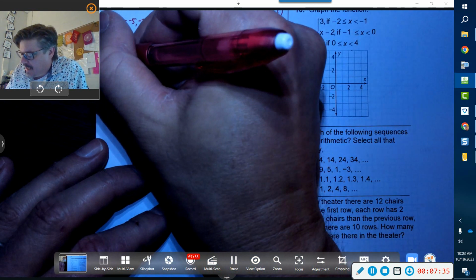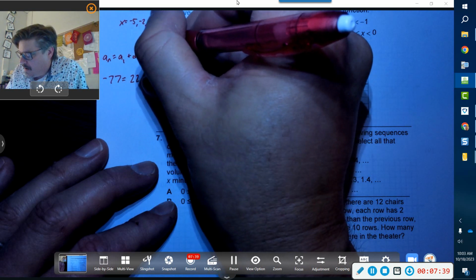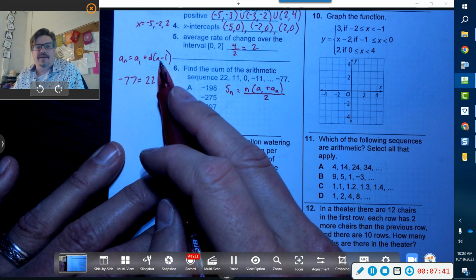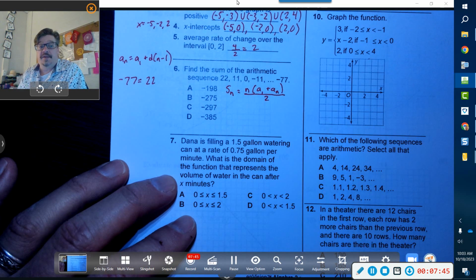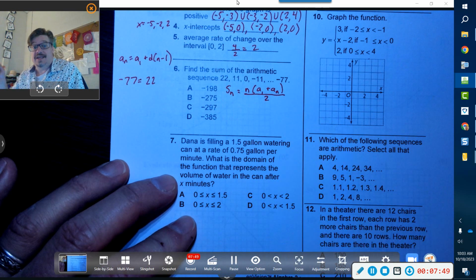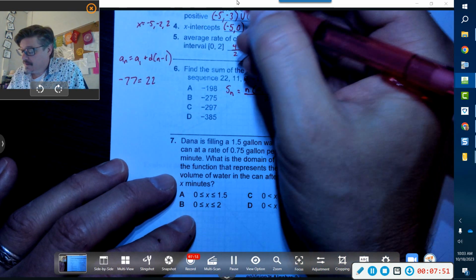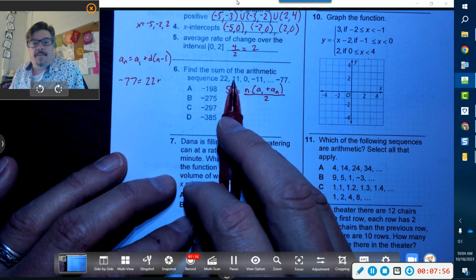Now I'm using the a sub n formula that looks like this. What is the n value? How far did I go to get to -77? You have to be really careful, because remember, you have to count. You could just list all those and count how many there are, but I'm going to use the formula in case it's trickier on the test.